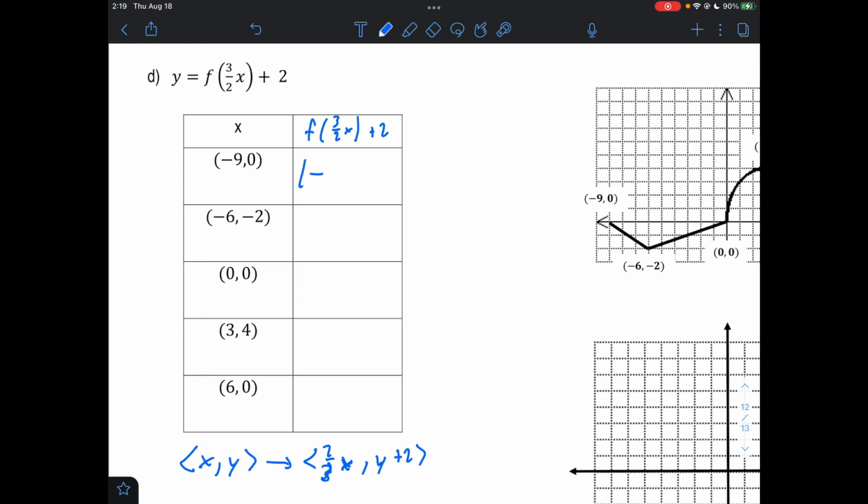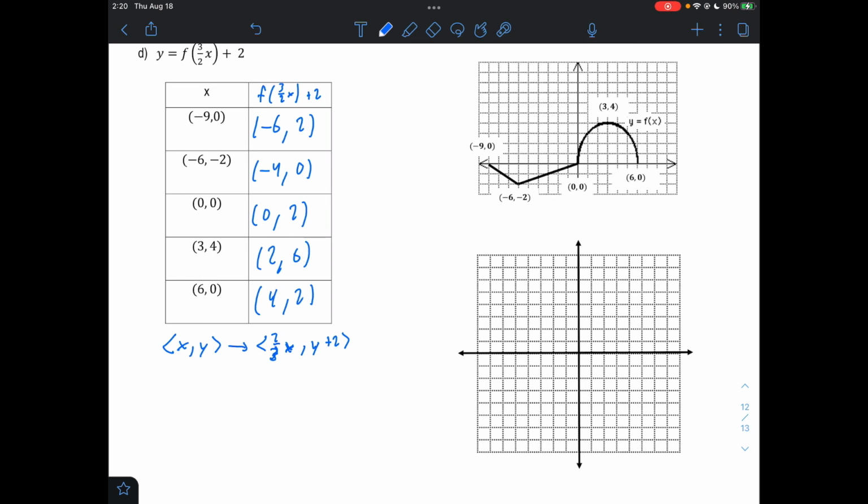So our points will be negative 6, 2, negative 4, 0, 0, 2, 2, 6, 4, 2.